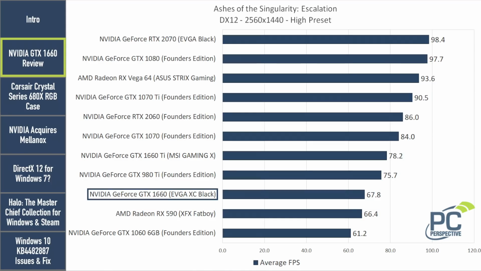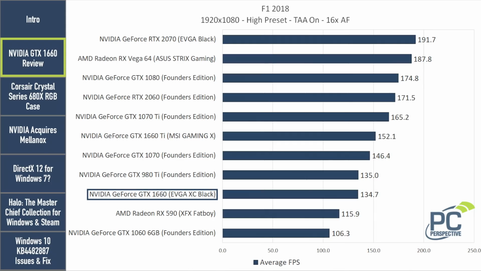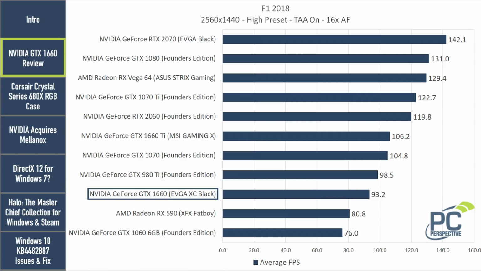And actually our sample of the 590, the XFX Fat Boy, is a factory overclocked 590, so a little bit better still. But this consistently was above the 590, and at least in 1080p testing was above the older GTX 980 Ti.